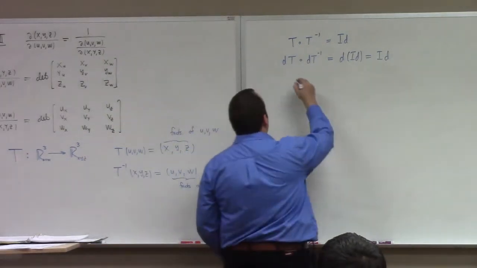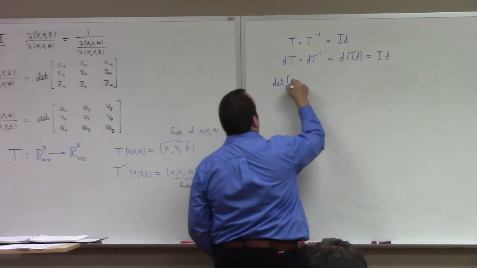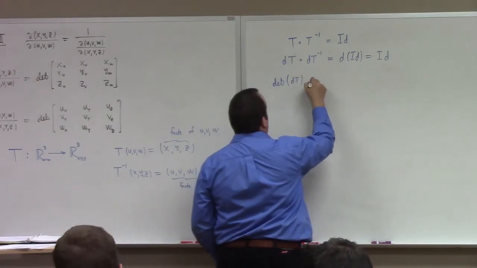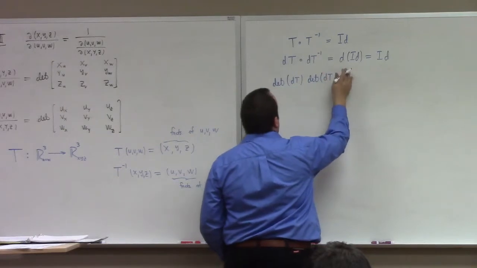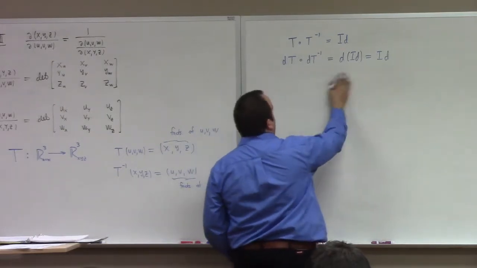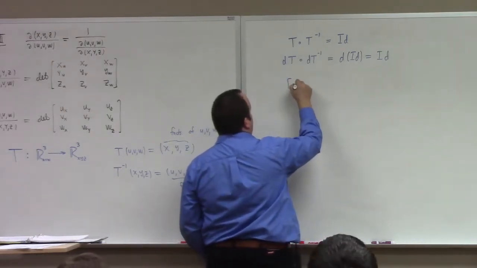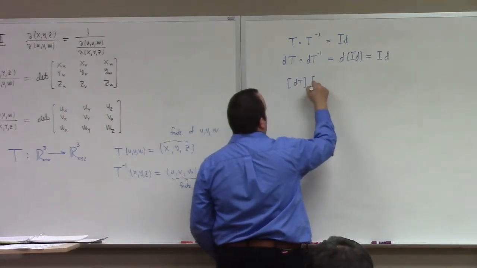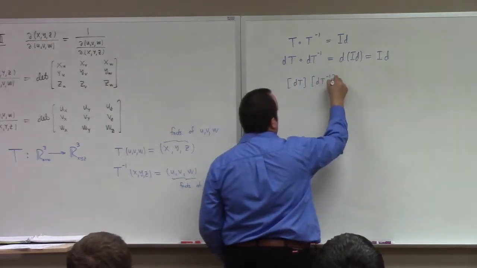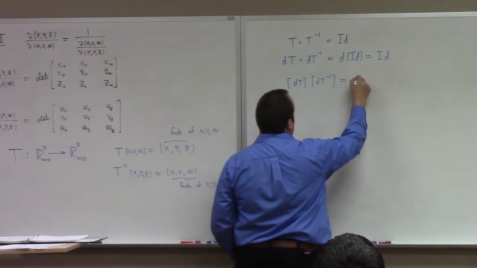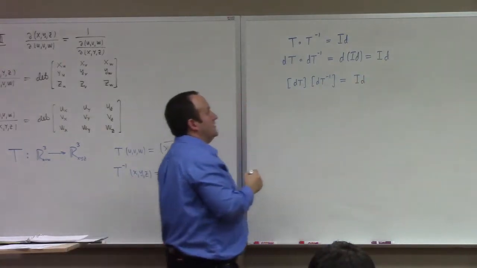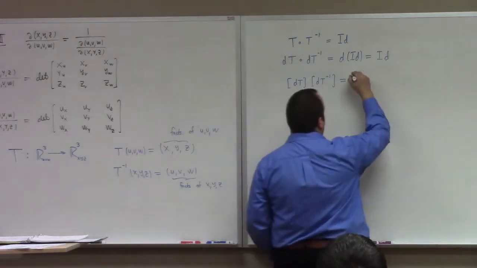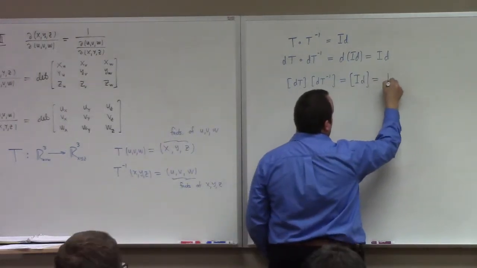This gives me then that the matrix of dT times the matrix of dT inverse is equal to the identity matrix, I'm sorry, the matrix of the identity transformation, which I usually call I_n.